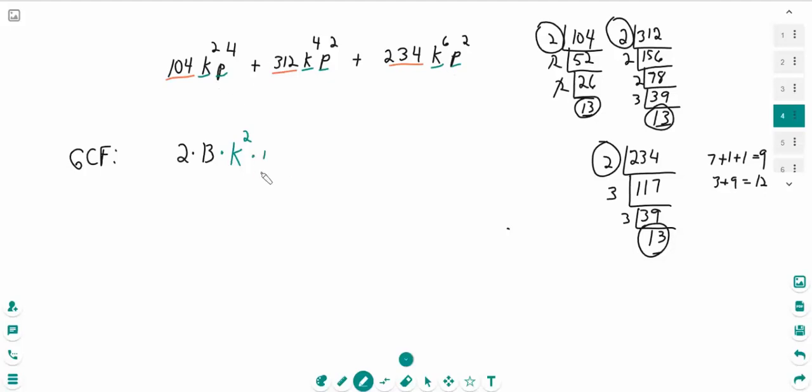So we know there's going to be a p. To what power? Well, we have a 4, we have a 2, and a 2. So it's going to be a 2, right? Lastly, we can just multiply this out. 2 times 13 is 26. K squared p squared. So that is our greatest common factor.